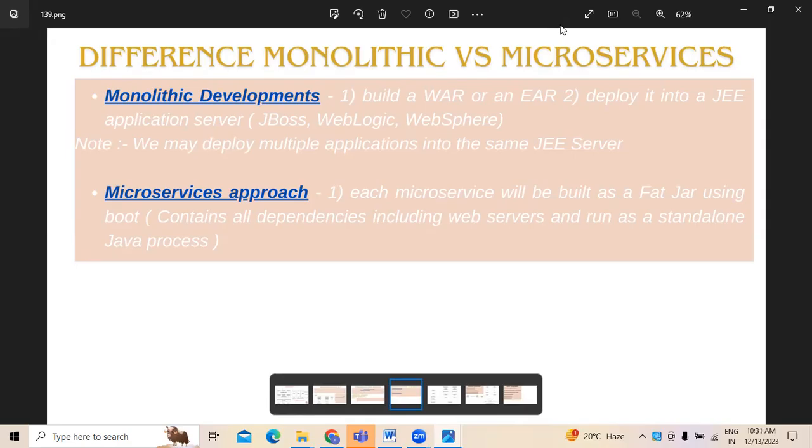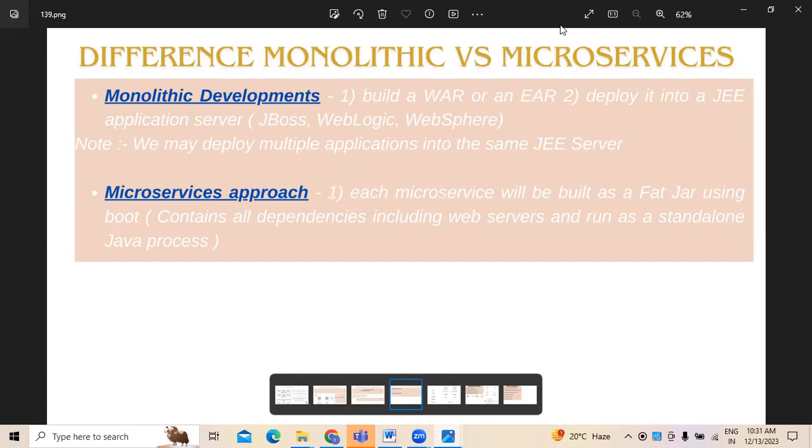In this monolithic deployment, whatever deployment we do will be on the application servers, as I told you. As you already know, monolithic development in general we do using different application servers.